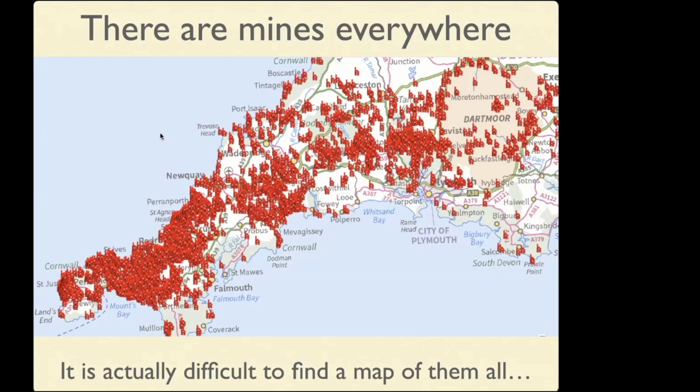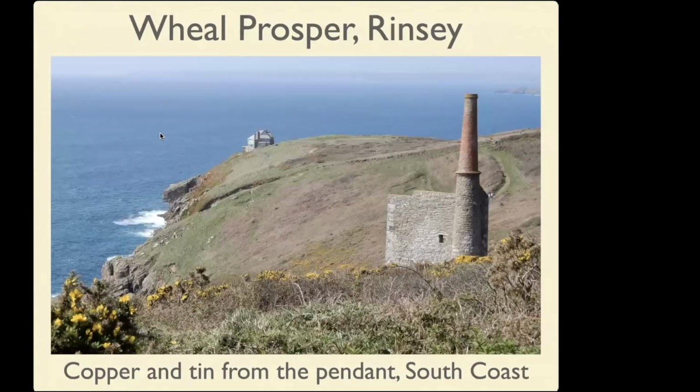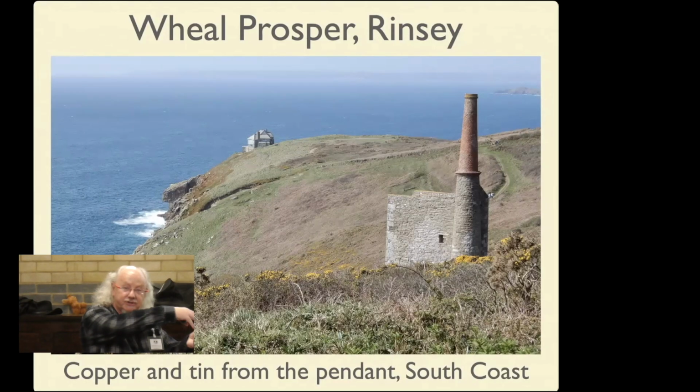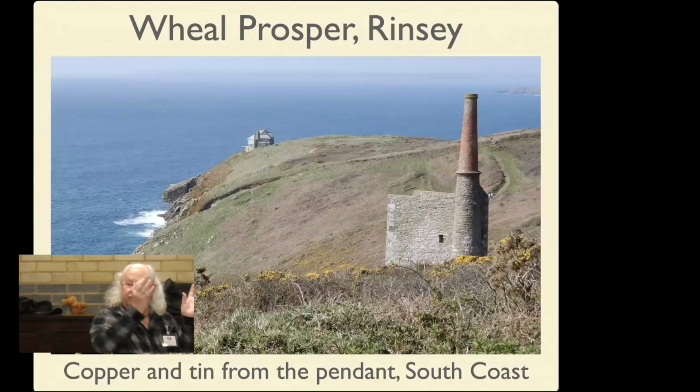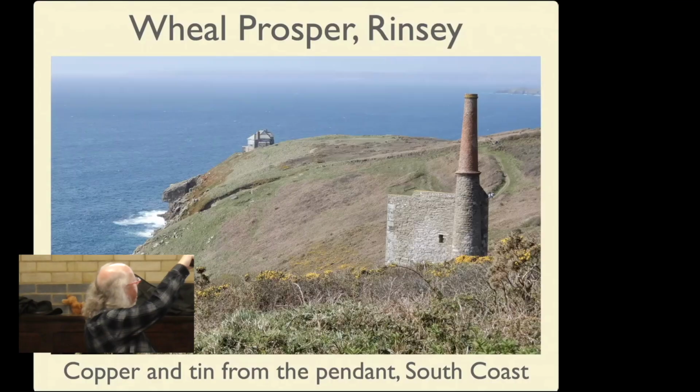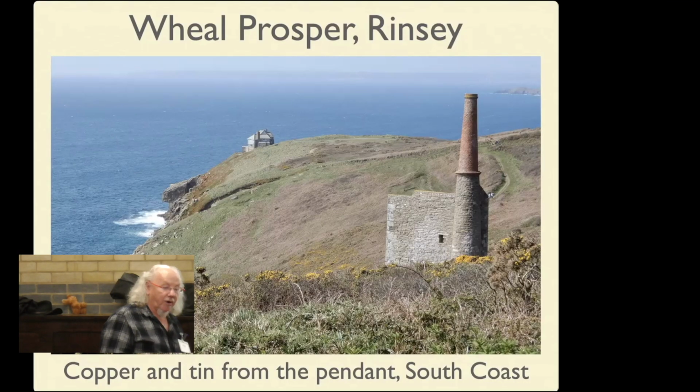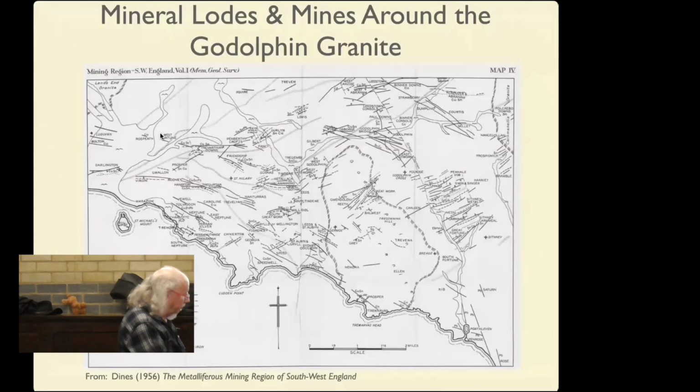So here are some. This is Wheal Prosper. This is on the south coast in Rinsey. So I showed you Rinsey. Rinsey is the one with the pendant, the actual slates within the granite. So the Rinsey Cove is down there, and this mine was actually mined within the pendant and then extended out into the surrounding areas. So this is where we are.